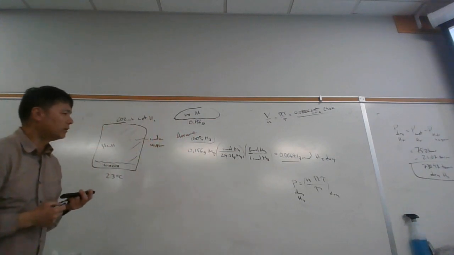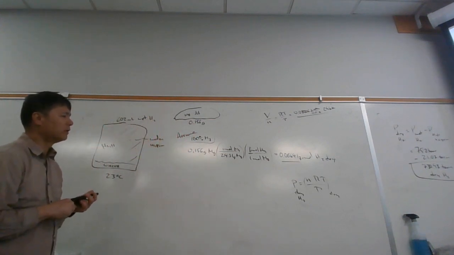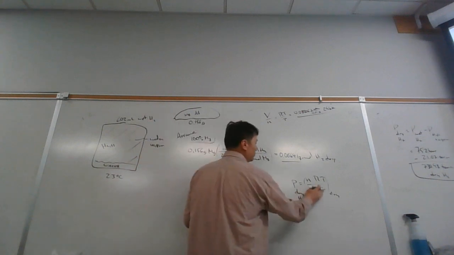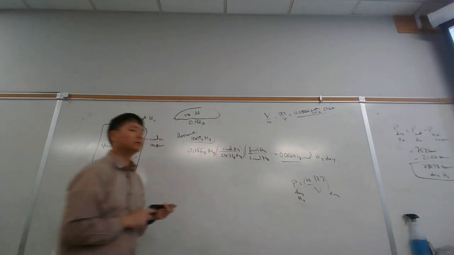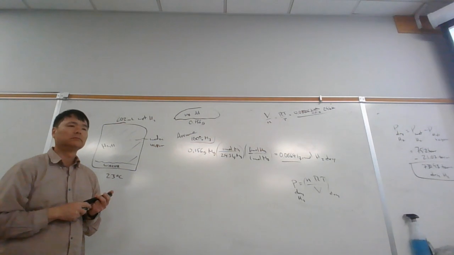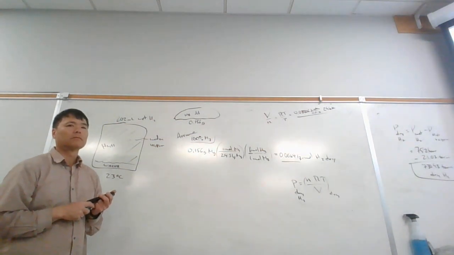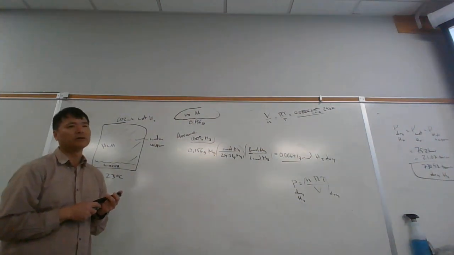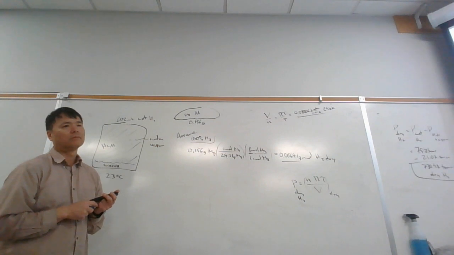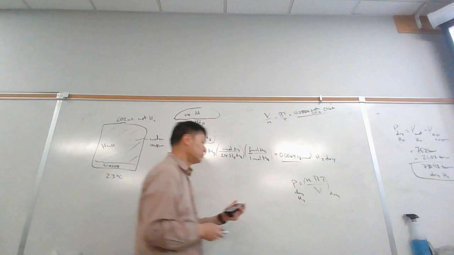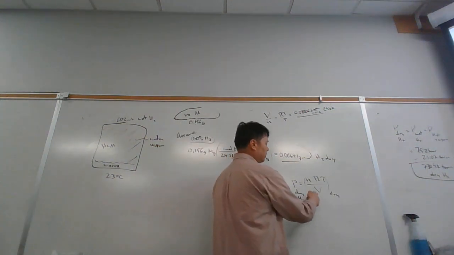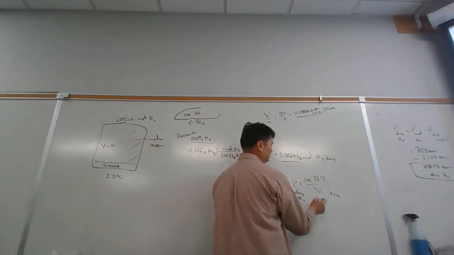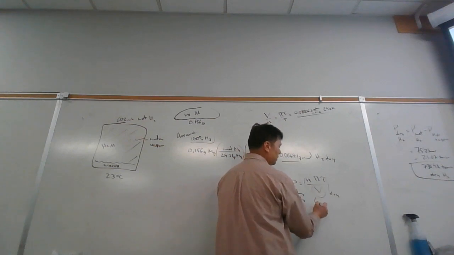What is the pressure of the dry hydrogen? Not the pressure, sorry, what is the volume of the dry hydrogen? It's 202 milliliters, because this is a Dalton's.